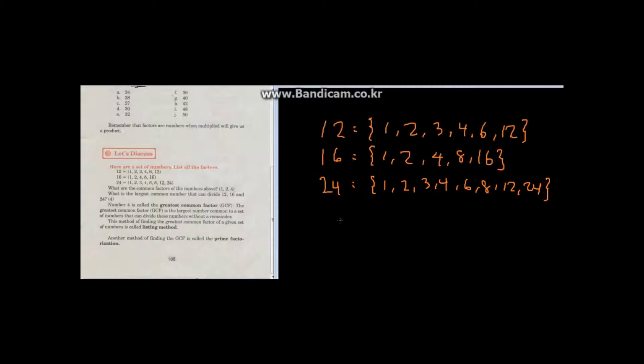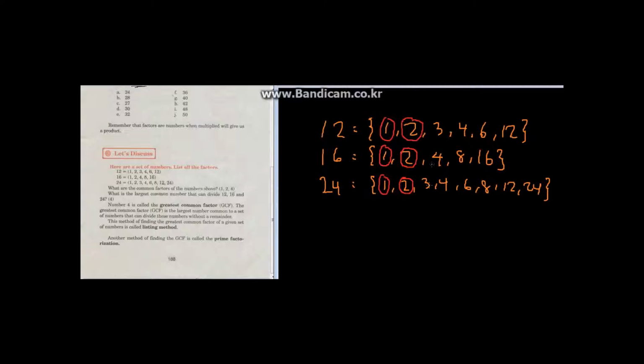Okay? So the question is, what are the common factors of the numbers above? Well, let's see. 1 is inside all of the brackets, so 1 is a common factor for all three numbers. 2 is also a common factor, right?